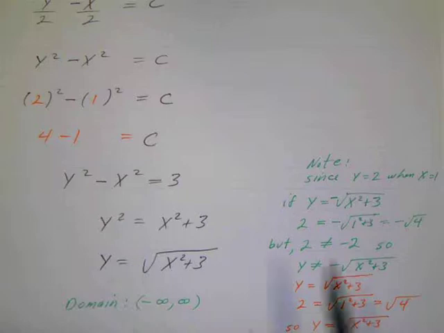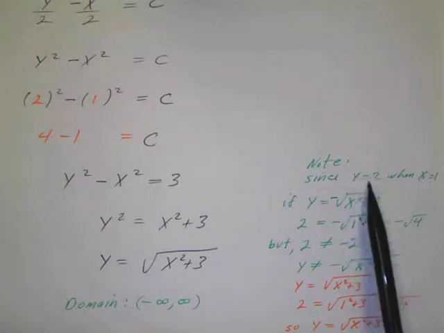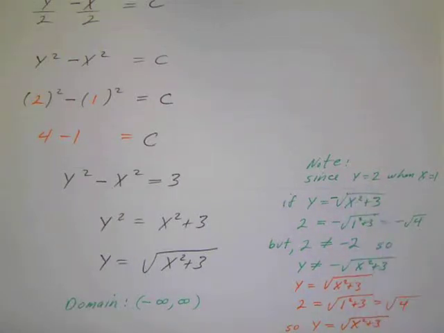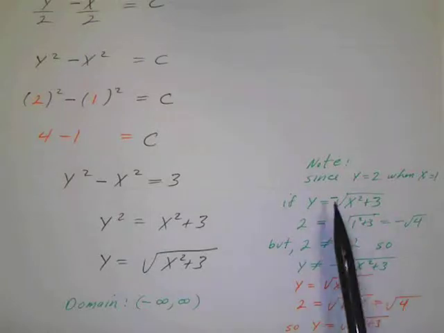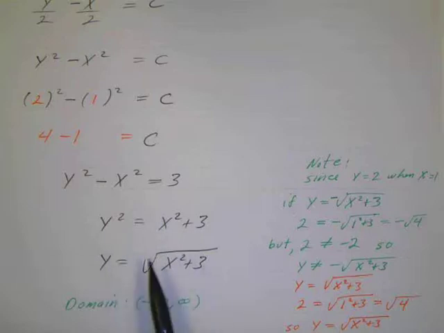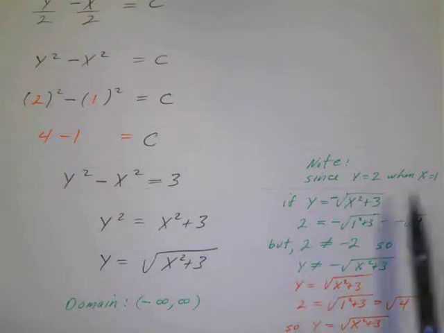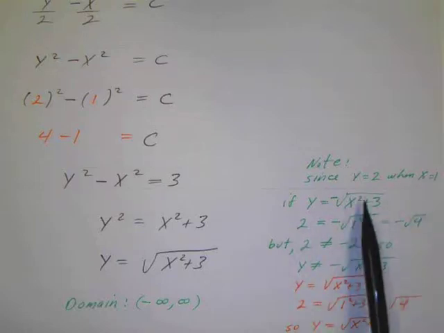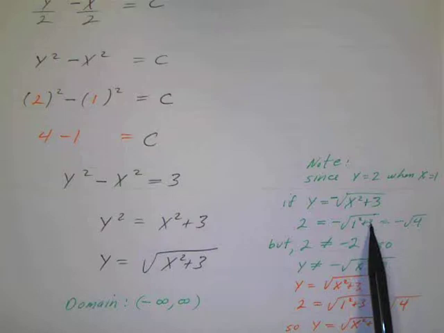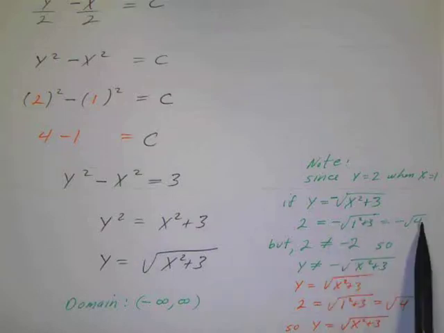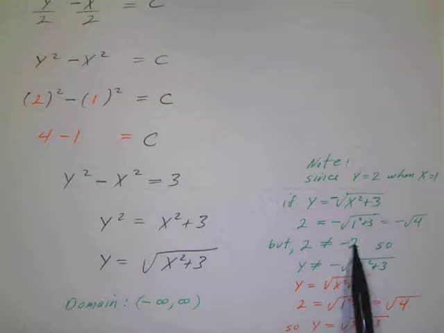Well, note, since when y equals 2, x equals 1, if I thought of the negative square root, because usually when we take the square root of both sides, it's plus or minus, but if I think of the negative square root and I try to substitute my initial value in, so y is 2 and x is 1, 1 squared is 1, 1 plus 3 is 4, but this would be negative the square root of 4, which is negative 2, but 2 does not equal negative 2.